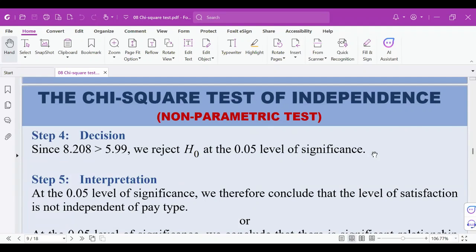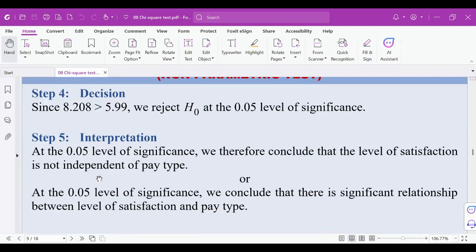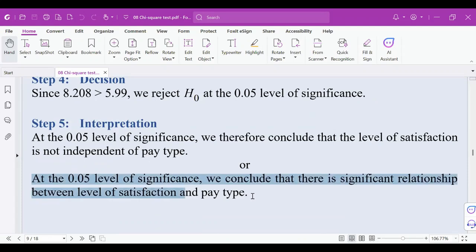And rejecting H naught means that there is significant correlation between level of satisfaction and pay type. Or there is significant relationship between level of satisfaction and pay type. It means the type of pay that you receive can determine your level of satisfaction. In psychology, it is true.